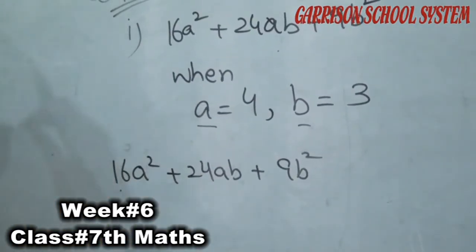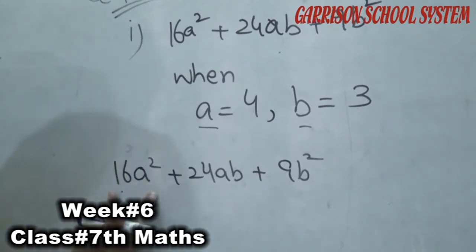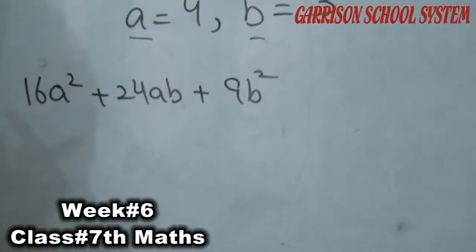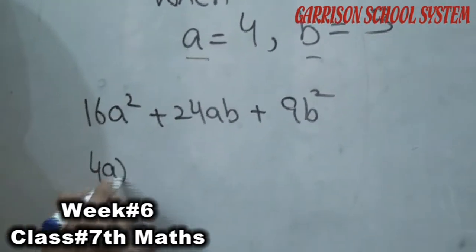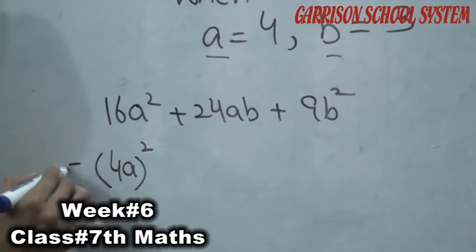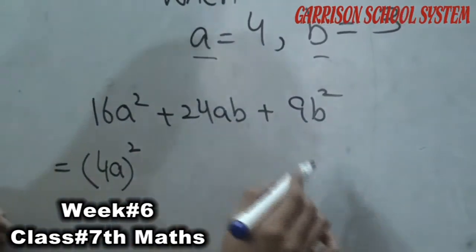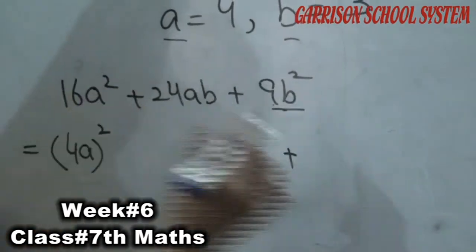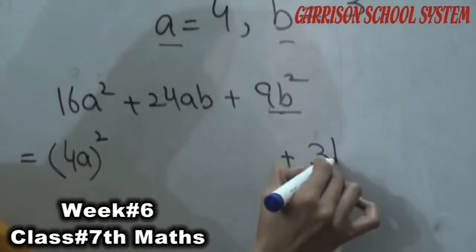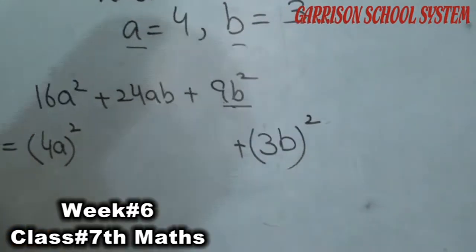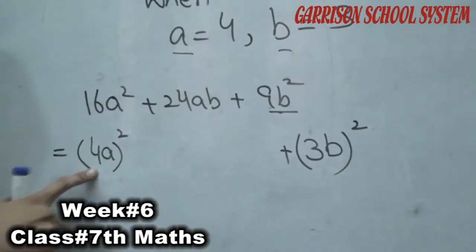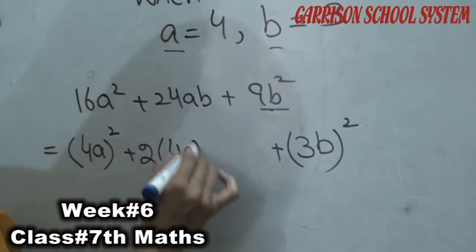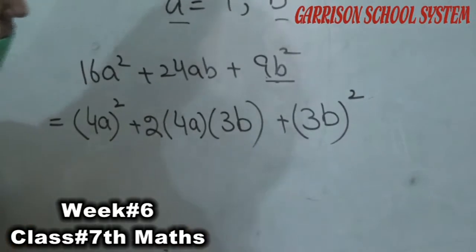Just like the previous question, the first term is the square of which term? 16a square will be the square of 4a whole square, and for the last term, 9b square, 9 is the square of 3 and b square is 3b whole square. First term square, last term square, and in the center 2 into first term into last term.